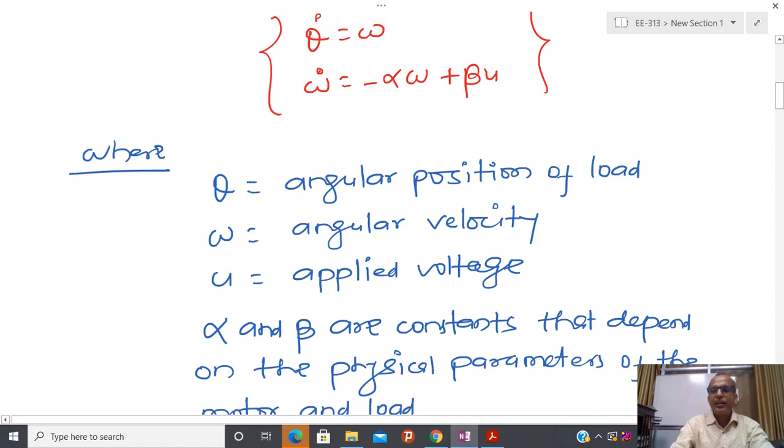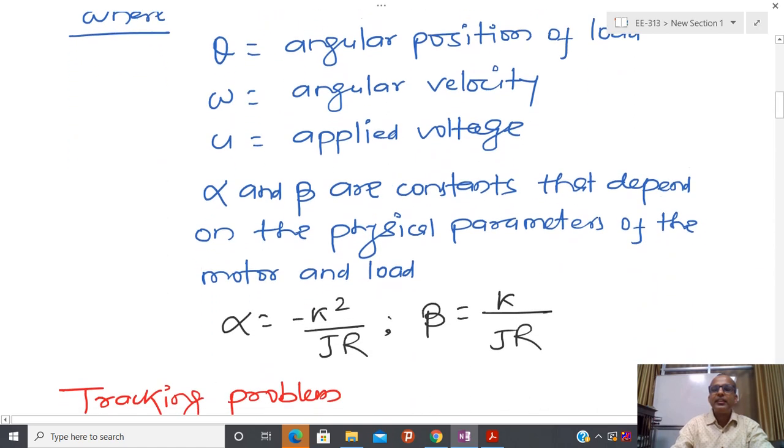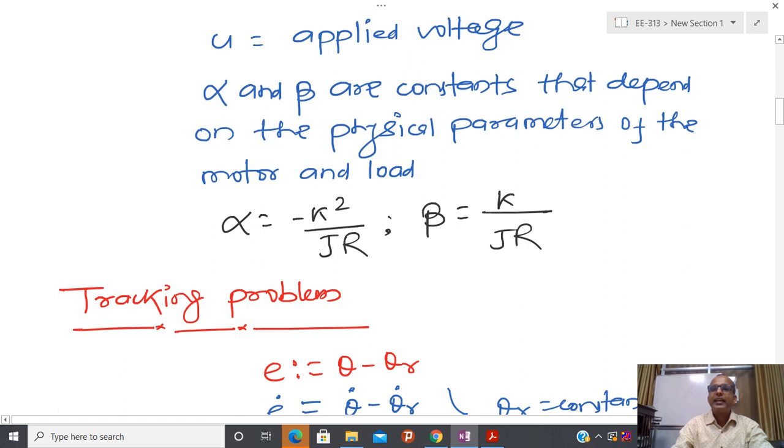During the lecture on PID, I told you that we have basically two different classes of problem. One is called the stabilization problem and another is called the tracking problem. Whenever a tracking problem comes into picture, I have to convert everything into error form, and then forcing the error equal to 0 is the stabilization problem.